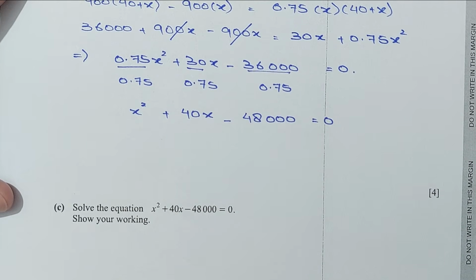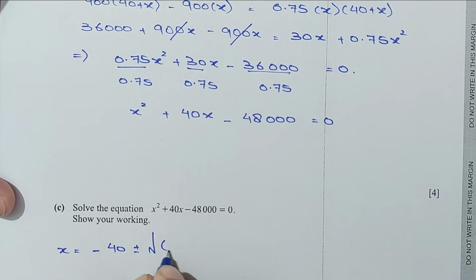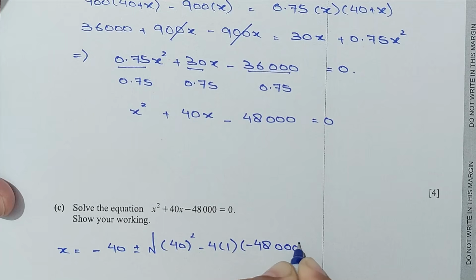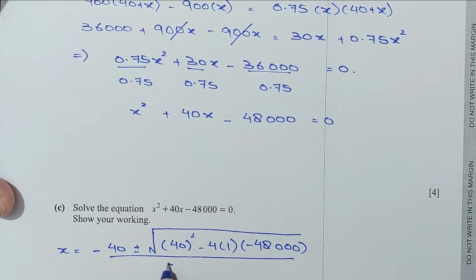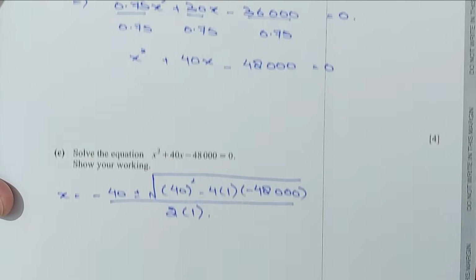Part C, solve the equation, show your working. It's a quadratic equation, so apply the quadratic formula. x equals negative b plus or minus the square root of b squared minus 4 times the a value times the c value, divided by 2 times the a value, right?